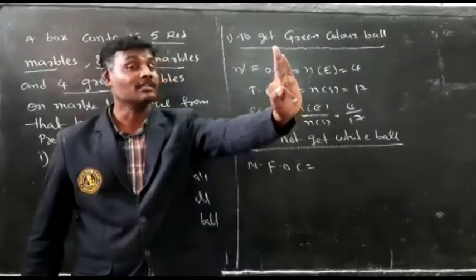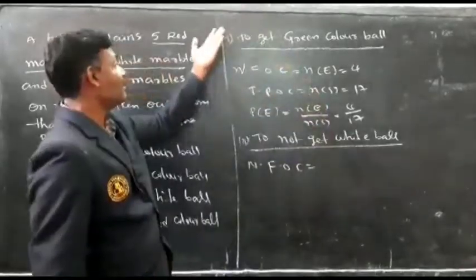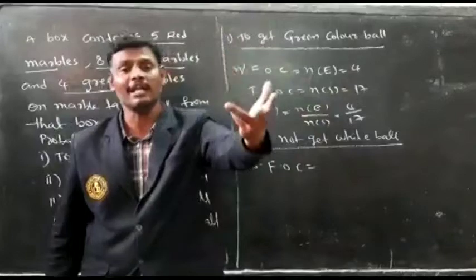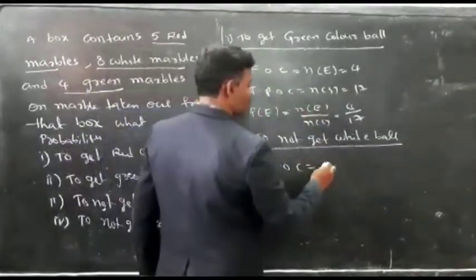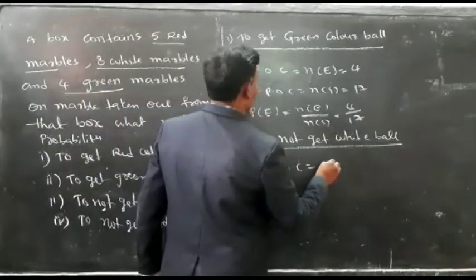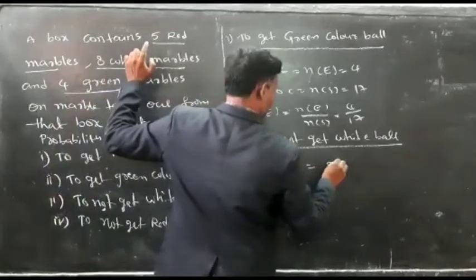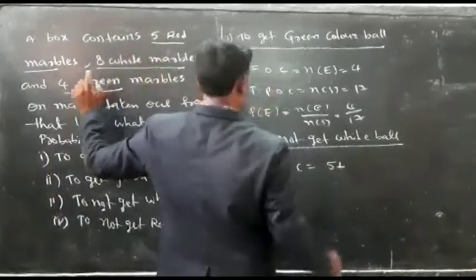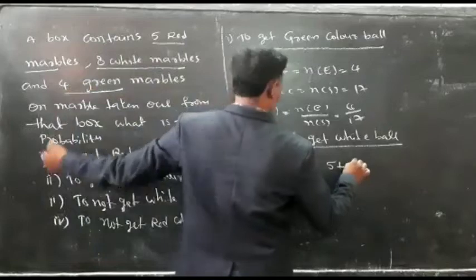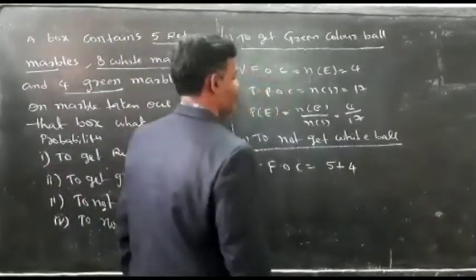So the remaining chance is to take a green color ball and also a red color ball. So 5 red color balls and 4 green color balls are there.